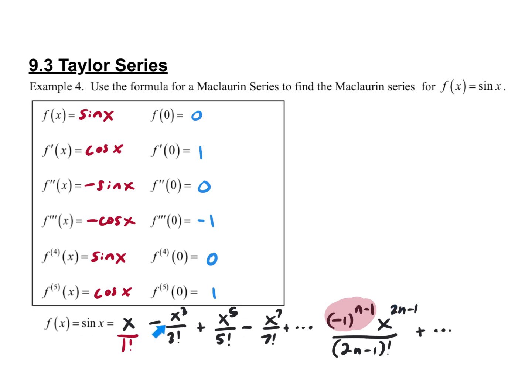But with a 1 here, now it's x to the first. The second term, that's 4 minus 1, that's a 3. And the same thing here. So again, like I talked about a little while ago about your quiz, test a few. Make sure that your formula is going to work. Okay? And there's your general term for the Maclaurin series for sine of x.